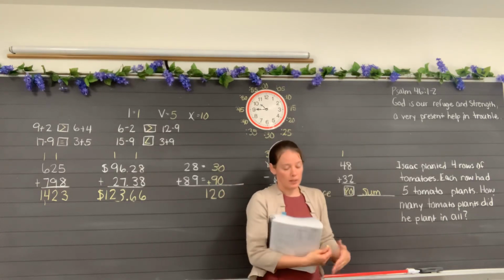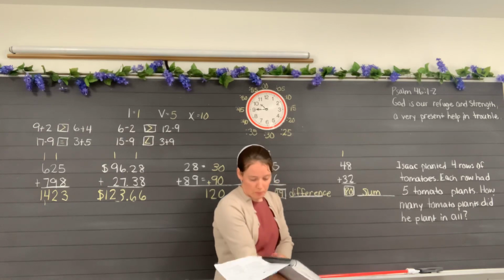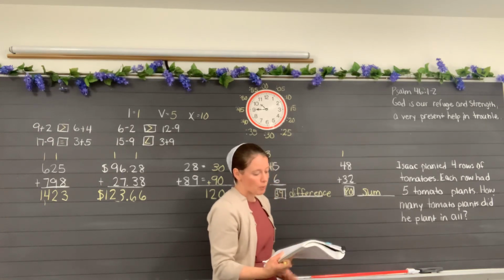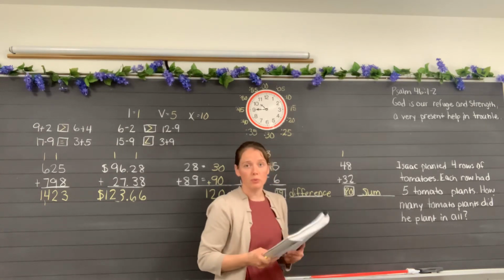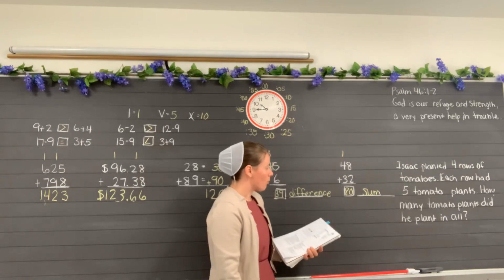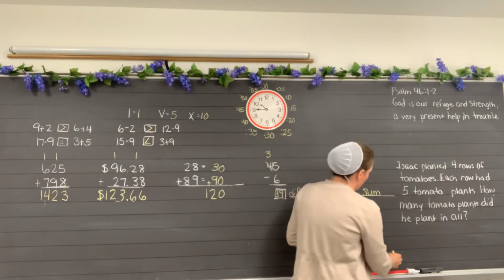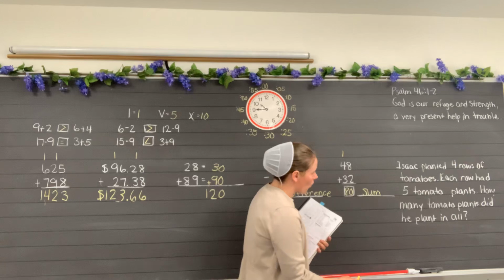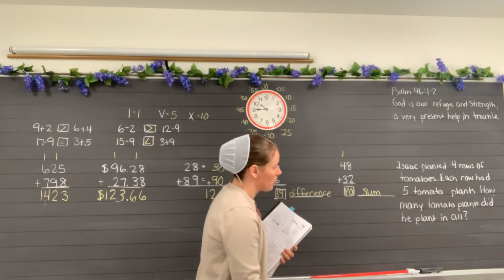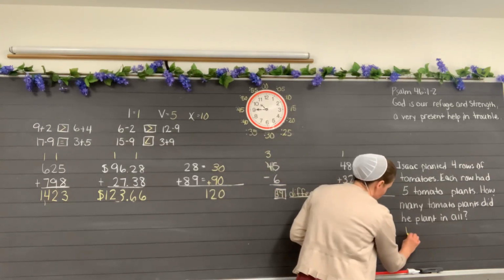Okay, so each problem includes a number of groups. So we'll draw a box for each group. And there is 4 rows, so there would be 4 groups.